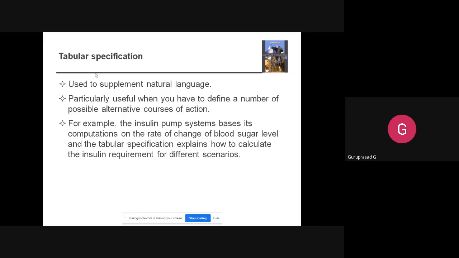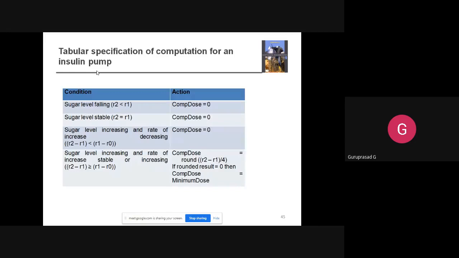For example, in this insulin pump example, the tabular specification explains how to calculate the insulin requirement for different scenarios based on the rate of change of blood sugar level. So condition, action. It is a tabular specification of the computation of the insulin pump. The same thing can be expressed in the form of a structured specification.